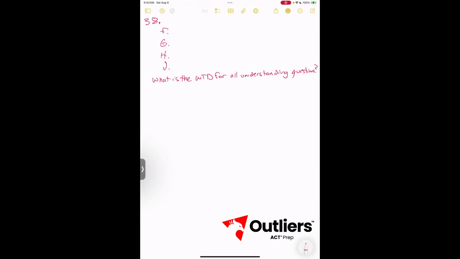Which choice best completes the rhetorical pattern established in the preceding sentences? So we need to see the rhetorical pattern in the preceding sentences.